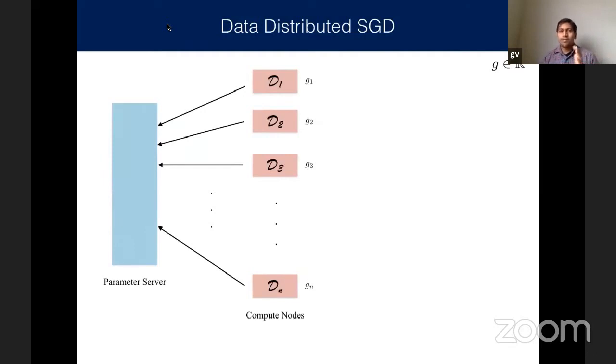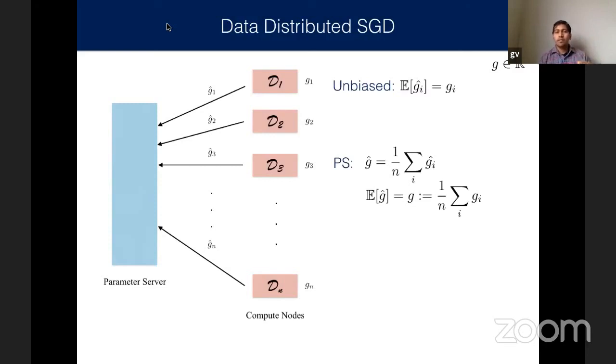It proceeds in multiple iterations, and in every iteration you have 2 rounds. In the first round, every local node computes and sends a local unbiased estimate of the local gradients to a parameter server. The parameter server, on receiving these local gradients, averages them, updates the model, and broadcasts it.